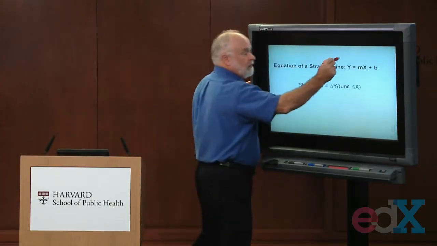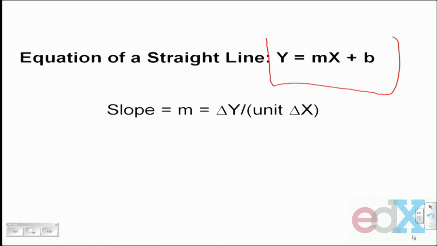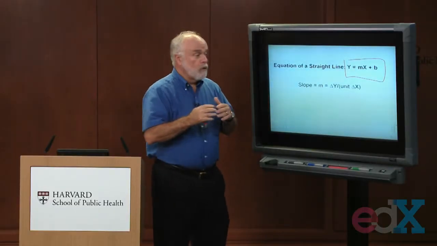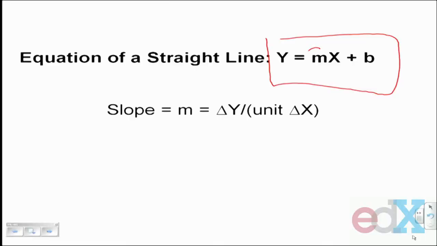This is the formula that I remember when I first learned about straight line equations. The y-axis, the vertical axis, is related to the x-axis, the horizontal axis, if it's a straight line, by this relationship: y equals mx plus b. Where m is what I want to focus on today. m is the slope of that line, describing how quickly the line is rising up or falling down as you move along the x-axis.